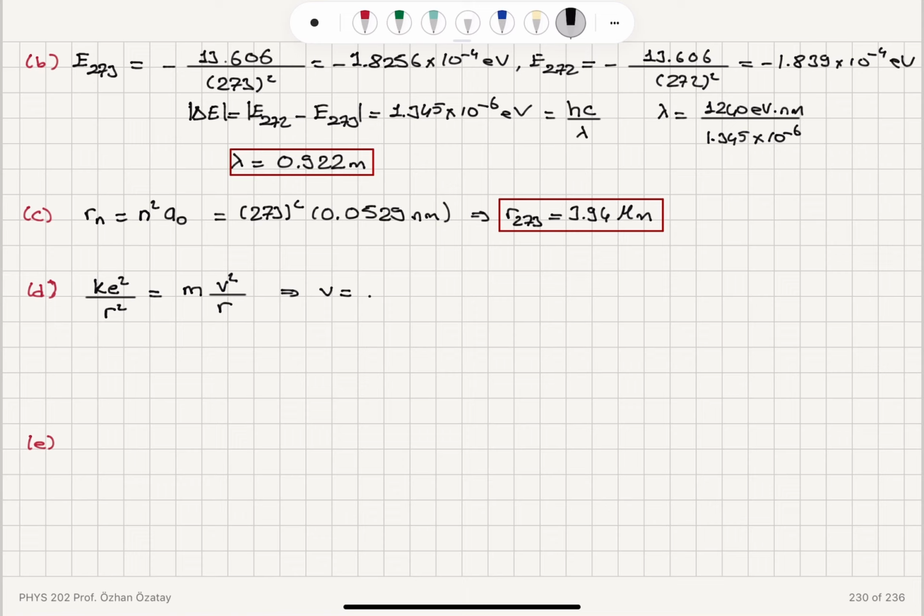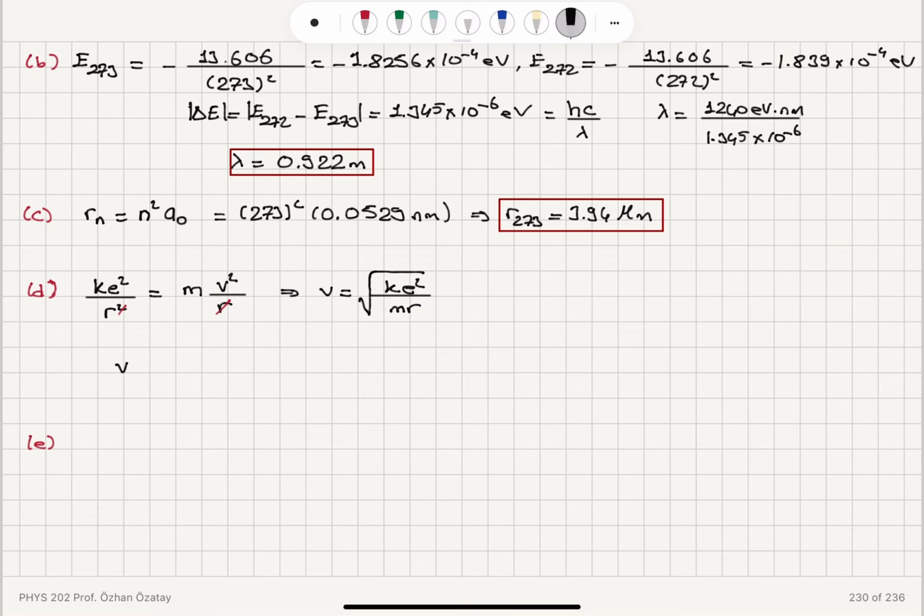of the electron, the square root of ke² divided by mr, because we have a cancellation here. That's how we calculate the speed.